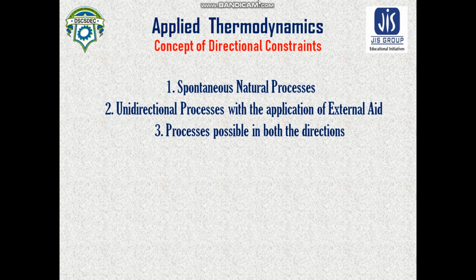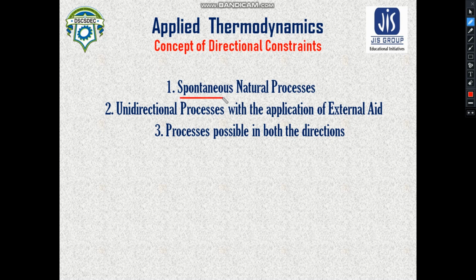That means in nature there are three different types of processes possible if we consider the directional constraints involved. So keeping the directional constraints in our mind, we can divide these processes into three separate categories.